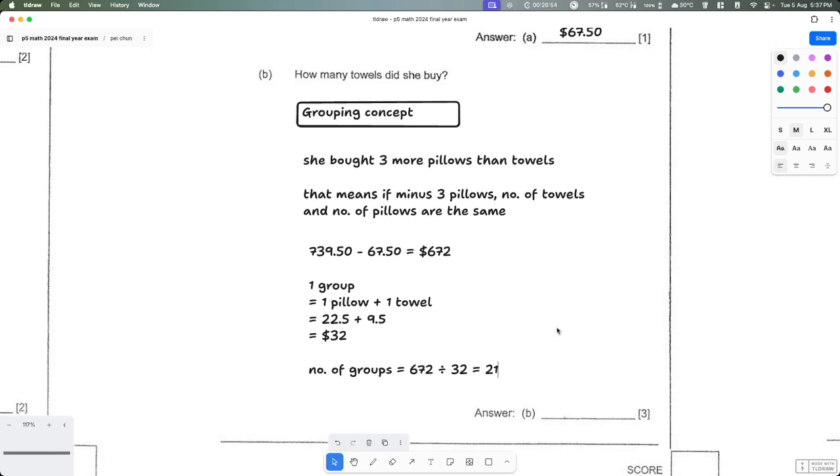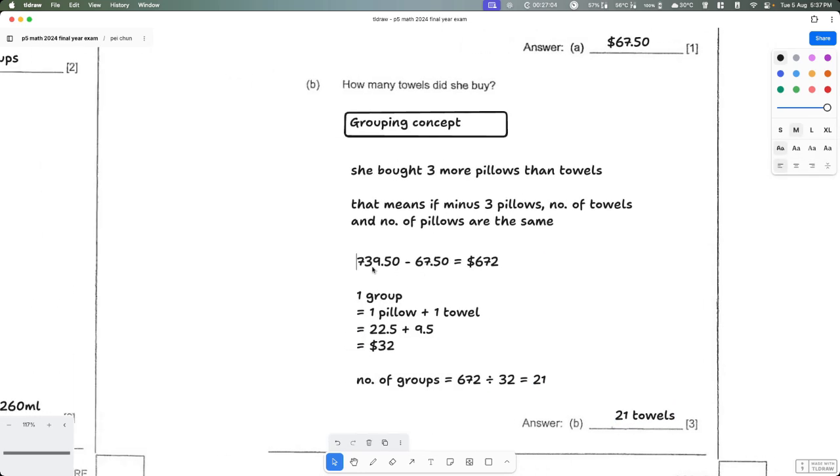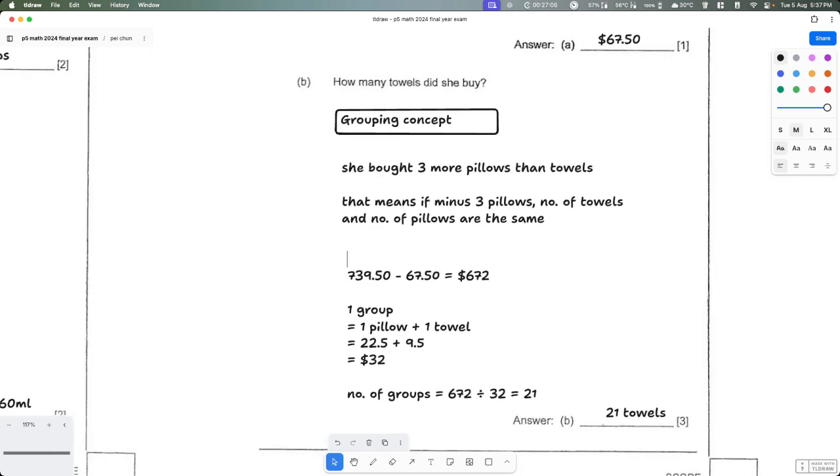Okay, so the answer is 21 towels in this case over here. Okay, so yeah, total without 3 towels. Okay, all right. Okay, let's move on to the next question.